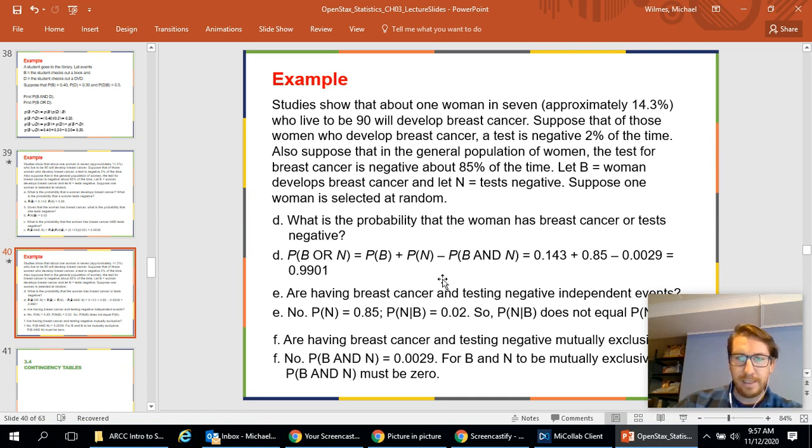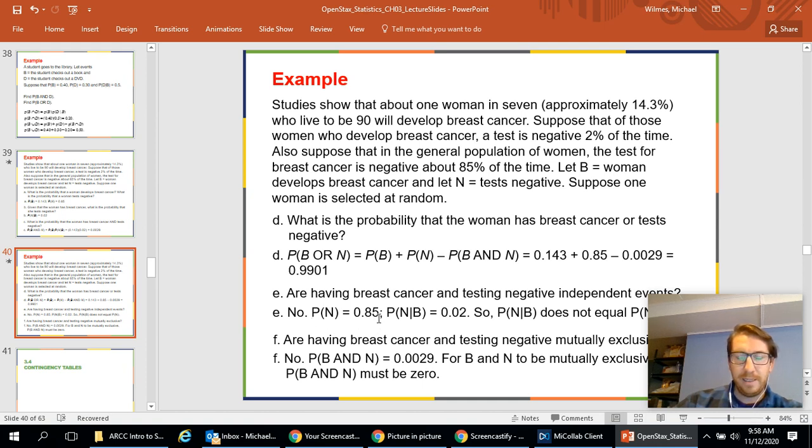Are having breast cancer and testing negative independent events? We want to think, does having cancer impact the probability that a negative test will occur? Most likely, if this is a good test, we want these to be dependent on each other, because we want the test to find the cancer. So we want these to not be independent. We want the test to be dependent on whether or not cancer is there.